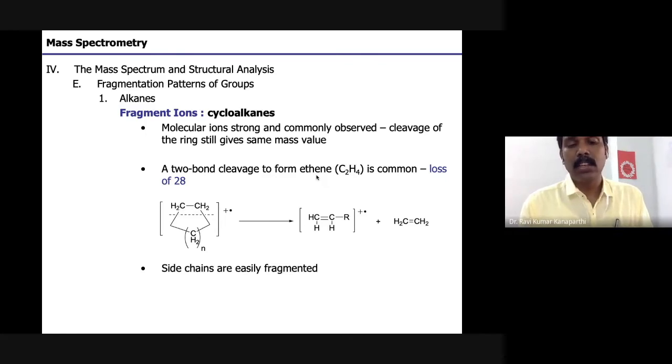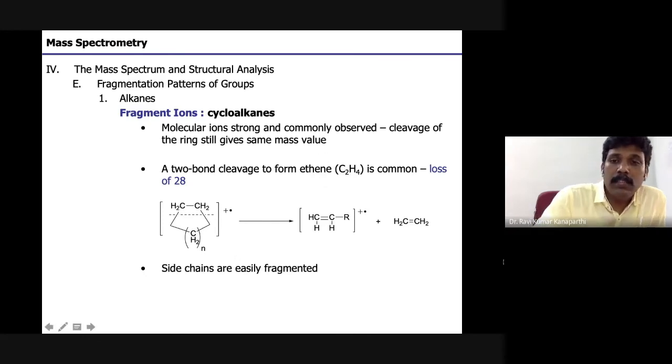Take cyclohexane: even if it is cleaving, you still see a nice molecular ion peak in the mass spectrum. The other one, the 2 bond cleavage to form ethene, is a common loss. Ethene, CH2=CH2, is a very common way of fragmentation with regard to cyclohexanes. Okay, so just remember that.